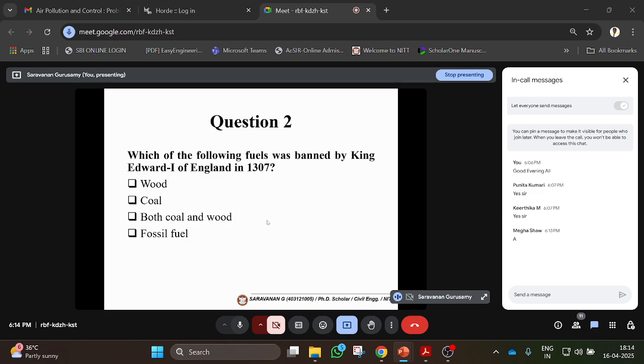Which of the following fuels was banned by King Edward of England in 1307? Is that only coal? Please check: wood, coal, fossil fuel. King Edward, yeah, coal is correct. Exactly.